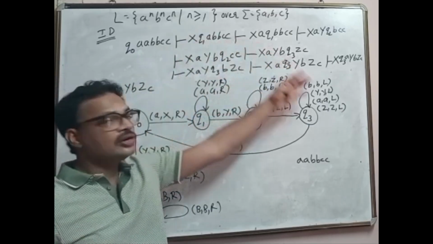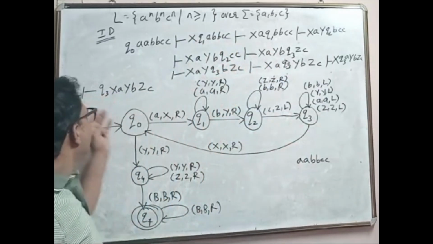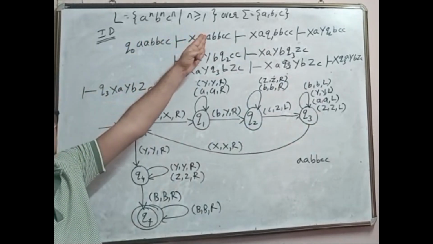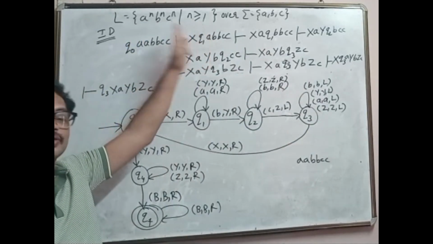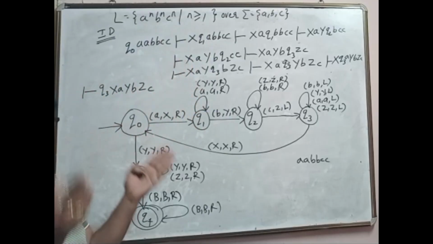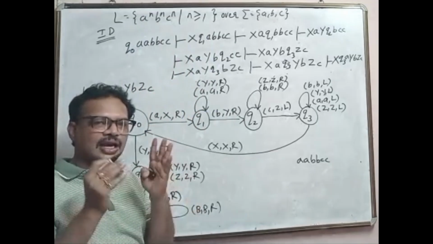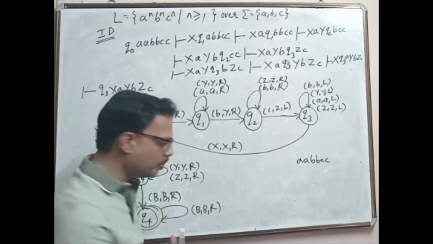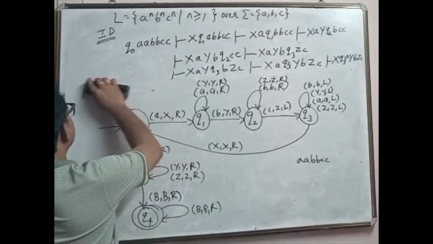Now this completes one full loop. Next onward, the same thing you are supposed to follow. So this runs until all these symbols are replaced by capital X, capital Y, capital Z. So one fine moment, it will be like this.